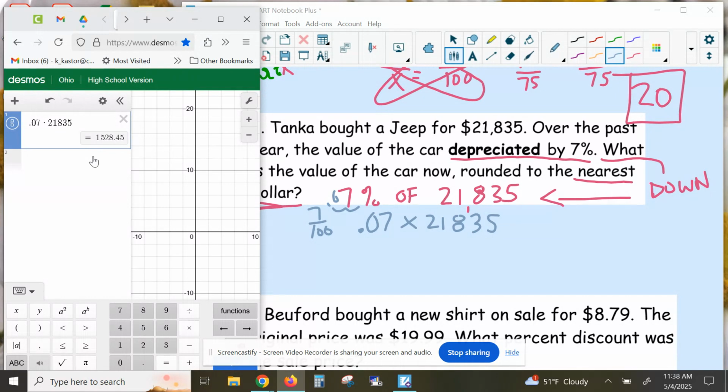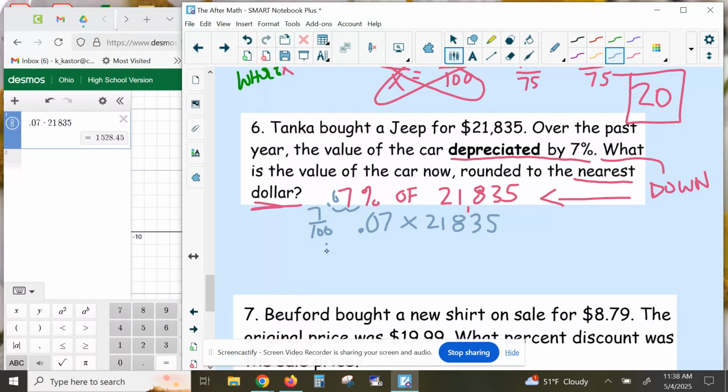21835. Okay, good. So we've got 1528.45. Now this is how much it depreciated, so it went down by this much.